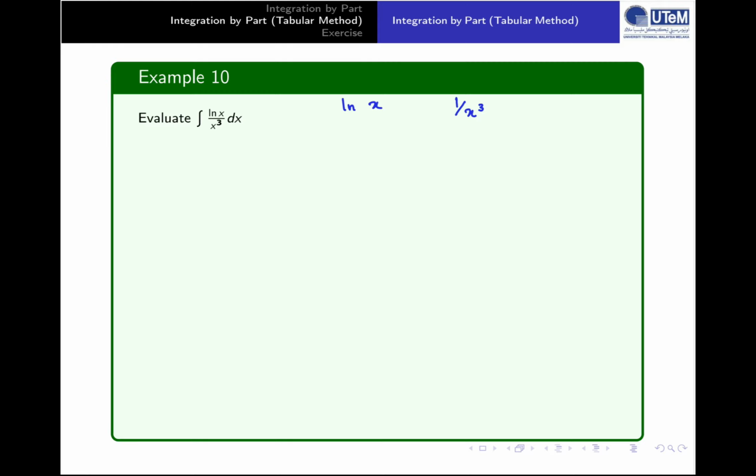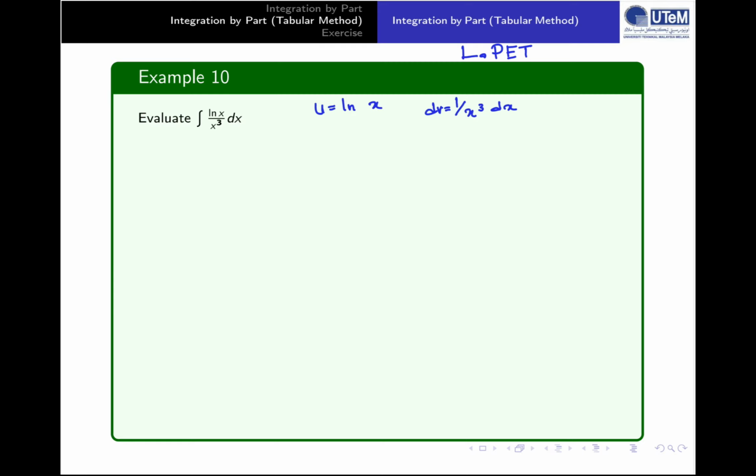Remember, this one is a product, so you must choose which one is u by using the formula LIPET: logarithmic, polynomial, exponential, and trigonometric. So this one you have ln, so this one is your u. Okay, and then this one is your dv, so automatically you have dx here.